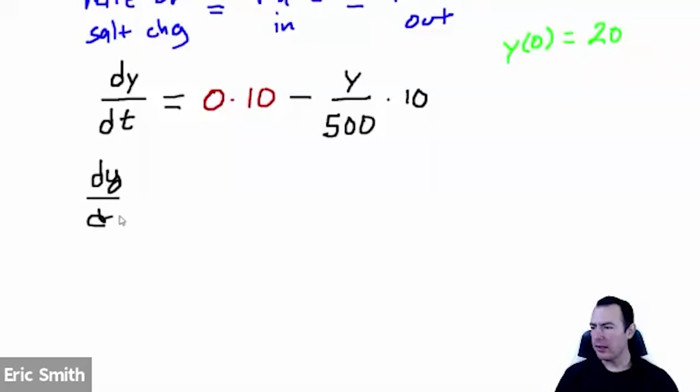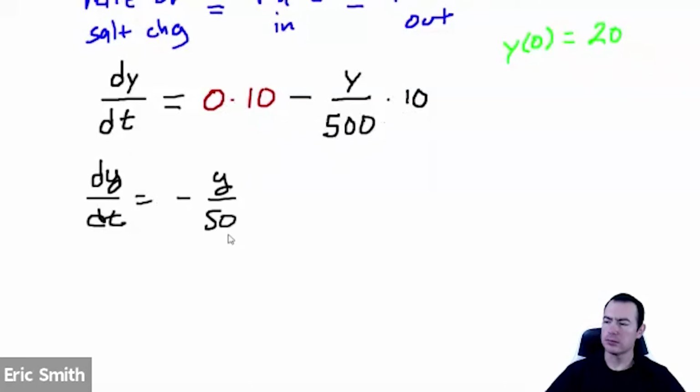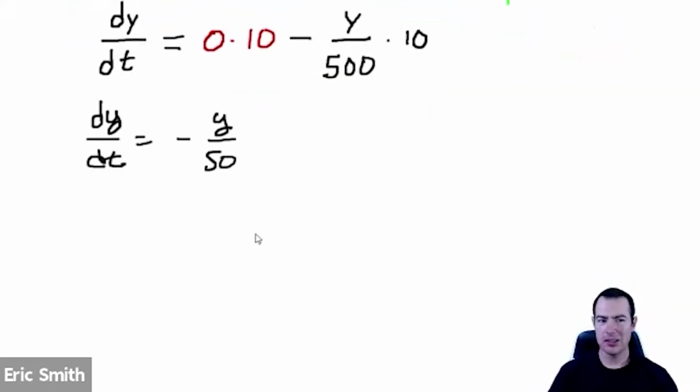So dy/dt, 0 times 10 is just going to be a 0. This 10 will reduce with the 500 in the bottom, so we have negative y all divided by 50. Excellent. So it looks like we have another separable differential equation, and in which case it's going to look an awful lot like solving the previous one.